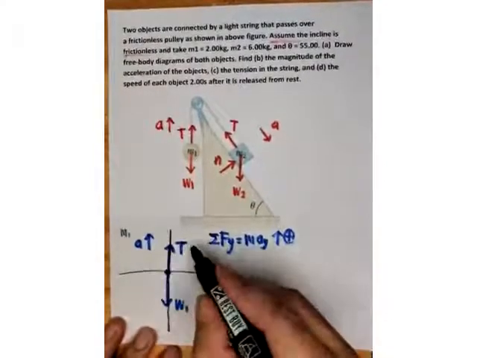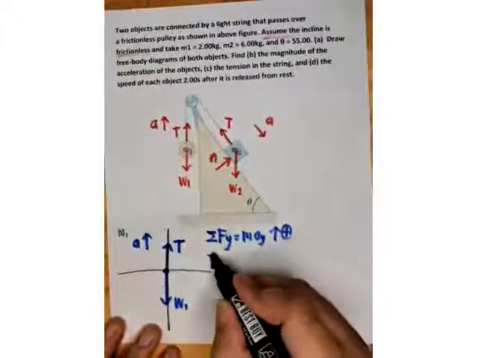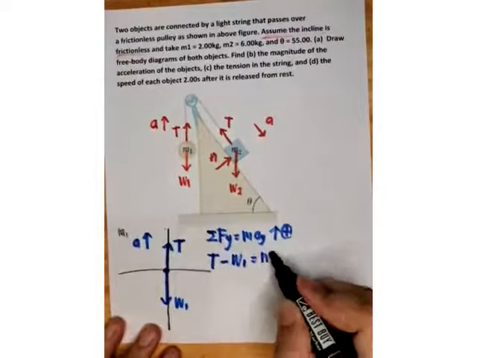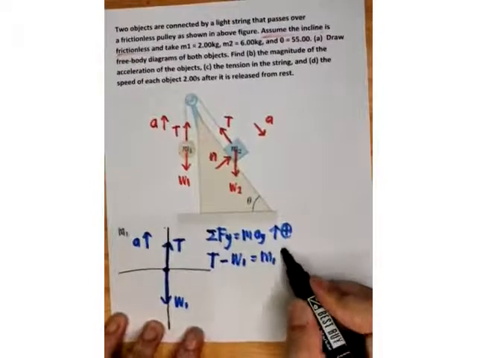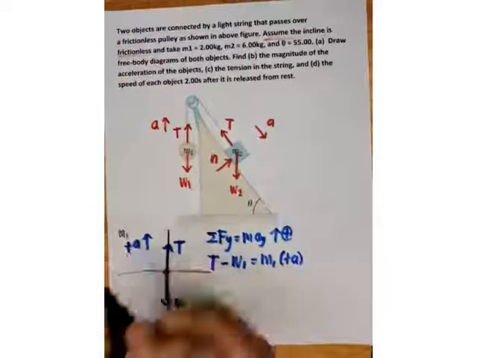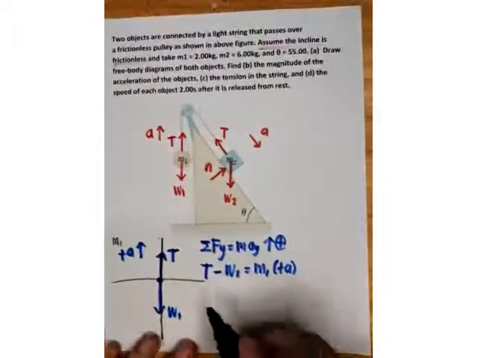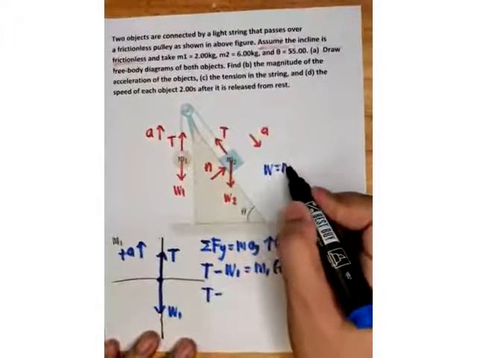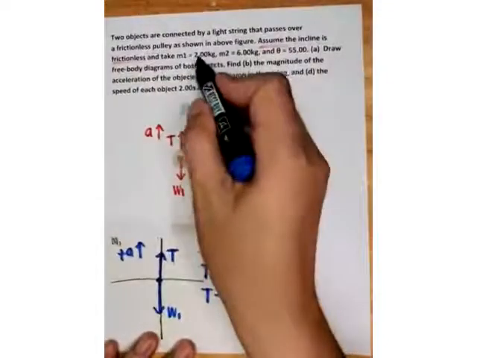So what are the forces along y? So dalawa lang sila. So yung tension pataas was positive minus weight 1 is equal to mass 1 times positive acceleration. Kasi pataas yung acceleration natin kaya positive siya. Okay? So tension minus ang weight natin, remember weight is mg. So ang weight natin ay 2 kilograms.